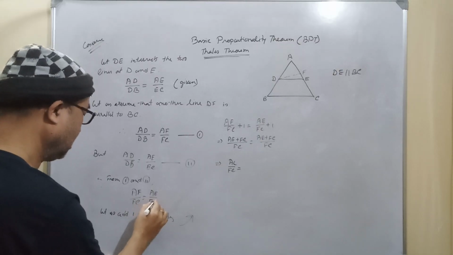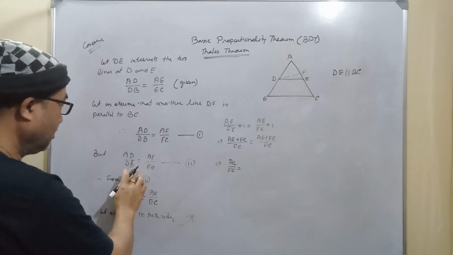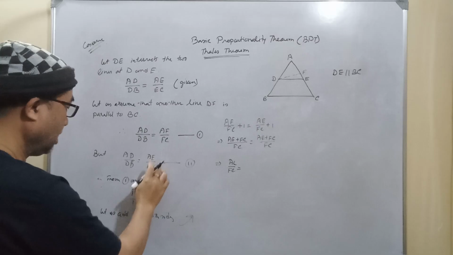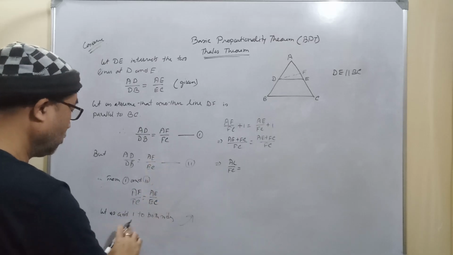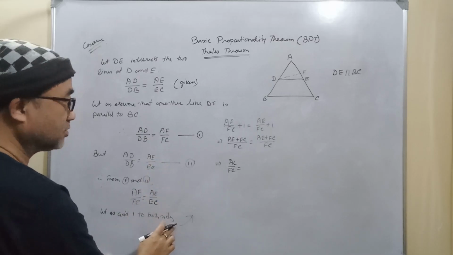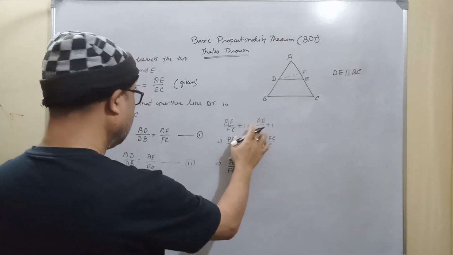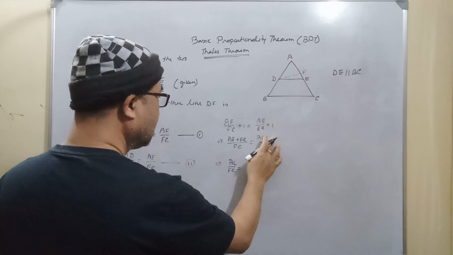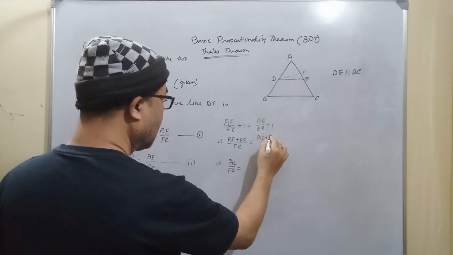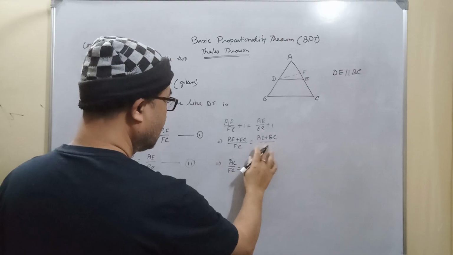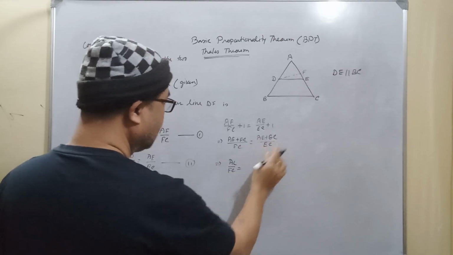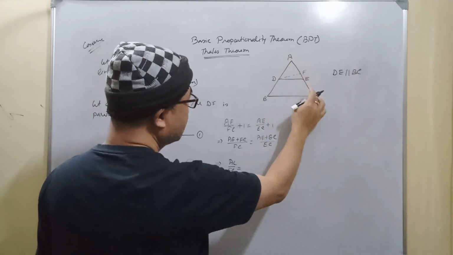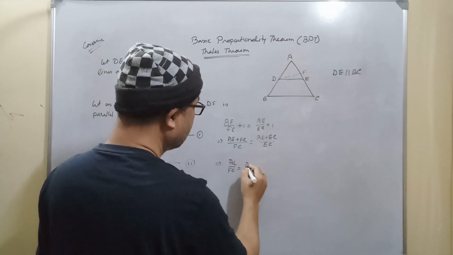Mistake. Let me correct it. AD by DB, AE by EC, AF by FC, AE by EC. Yes. So we add 1 to both sides. We get it here. AC by FC equals AE plus EC by EC, and AE plus EC is AC again.